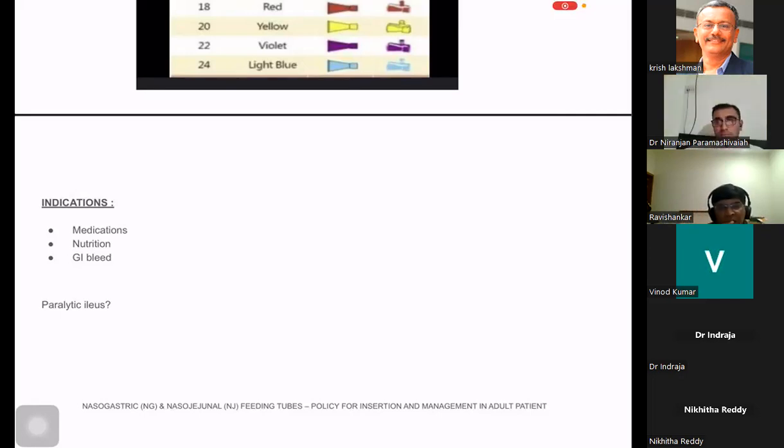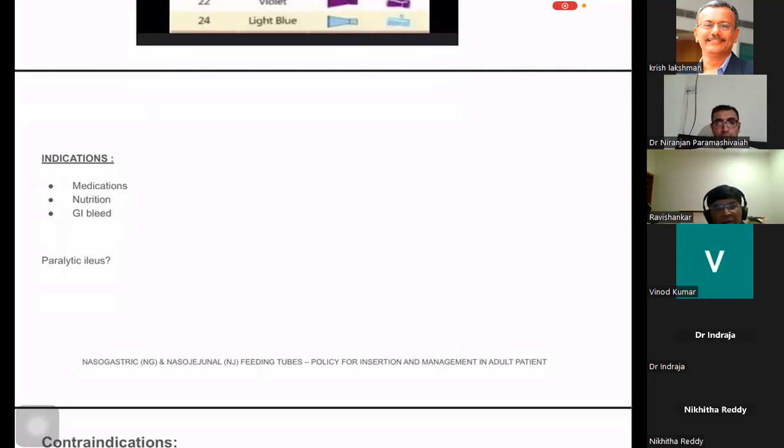In paralytic ileus, the role of the nasogastric tube is still in question, as according to a few studies, it will hinder the movements if you initiate early.